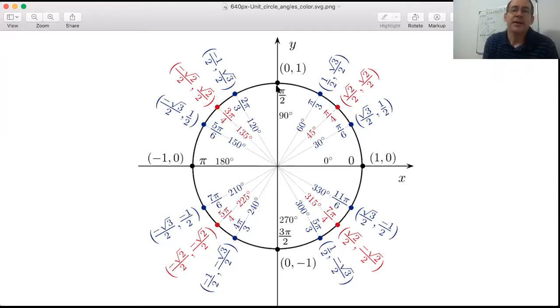Okay. Then if we go to 180, notice it's going in the negative x-axis direction. So cosine being the x-axis is -1. Sine, there's no vertical motion up or down, so it's a 0. Tangent, oh wait, back here, tangent would be sine divided by cosine. Whoops, we can't divide by 0.